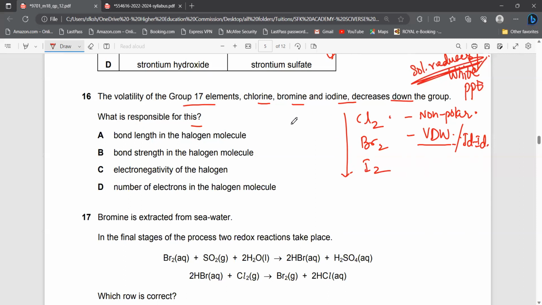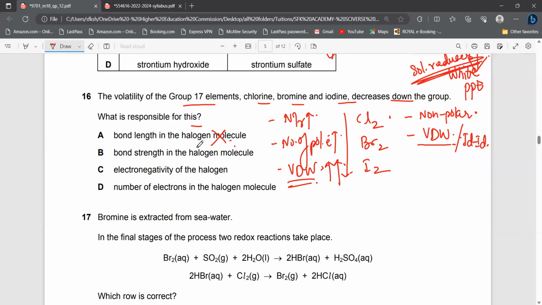Now, going down the group, what happens? Mr is increasing, right? Number of polarizable electrons increase. Therefore, strength of van der Waals forces also increases. So going down the group, what's happening? Bond length is not responsible for the volatilities.